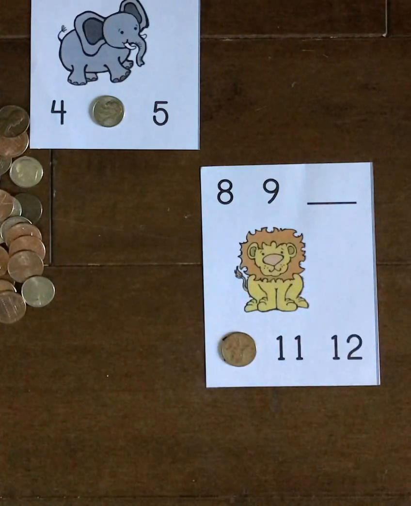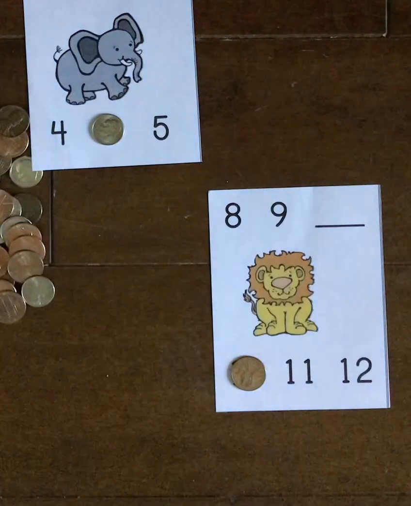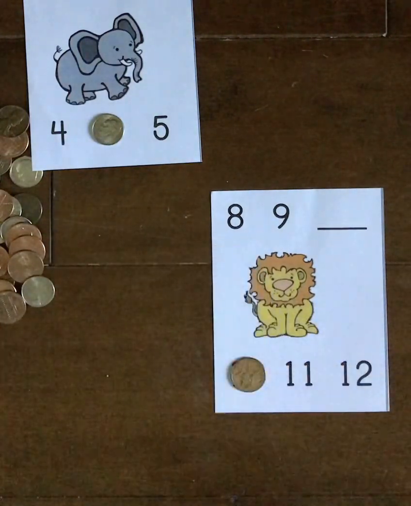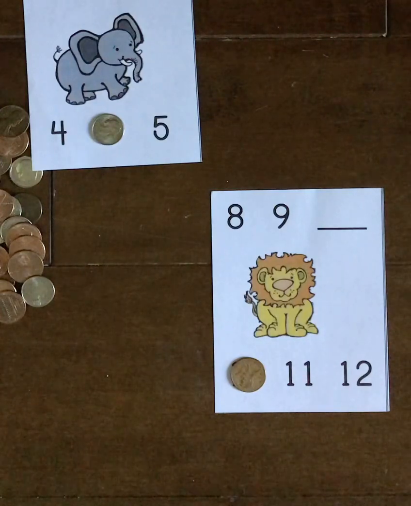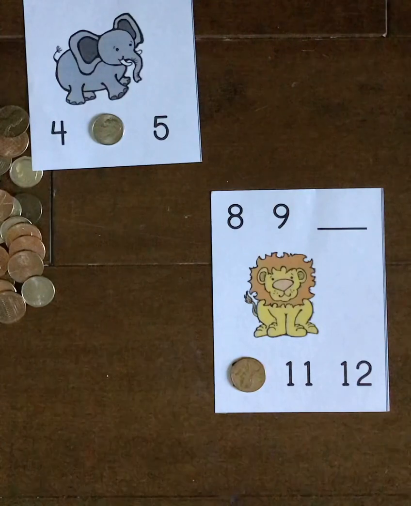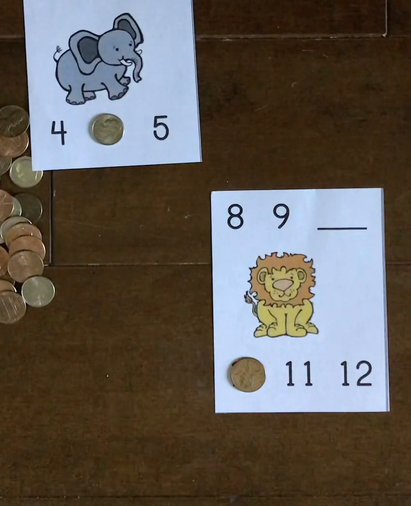That's 10. All right, so parents, this one that we did first, we started with 1, which is naturally where we start counting. Now, if we start at 8 and we can't quite figure out 8, 9, what comes next, it is okay while they're practicing to restart at 1 and do it with them.